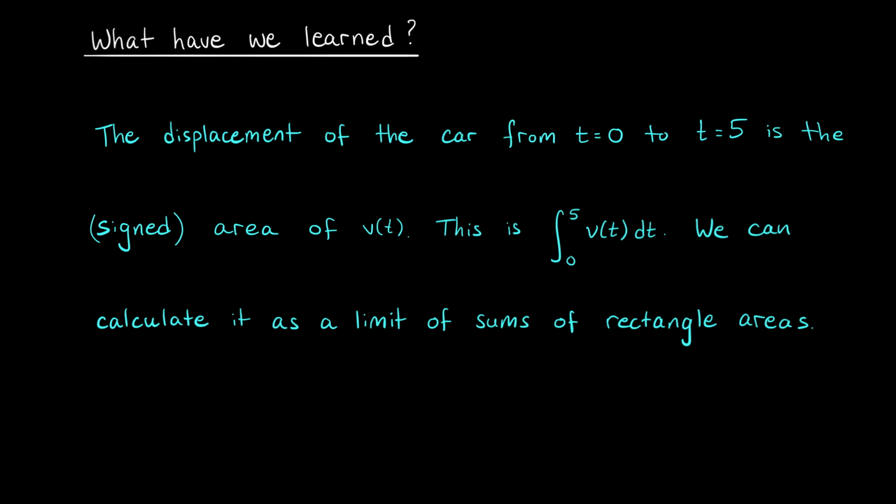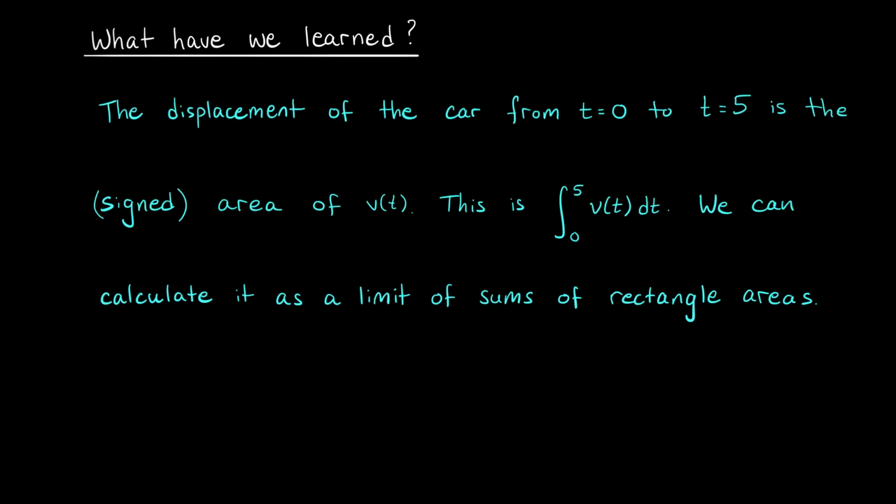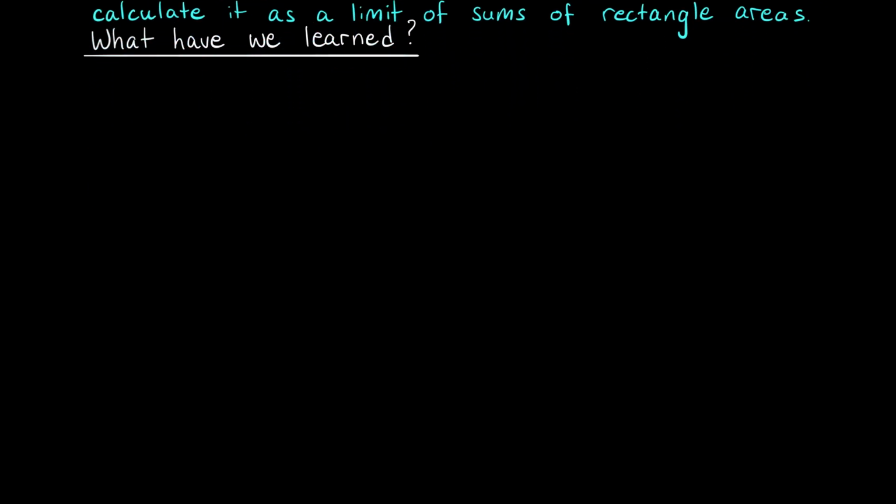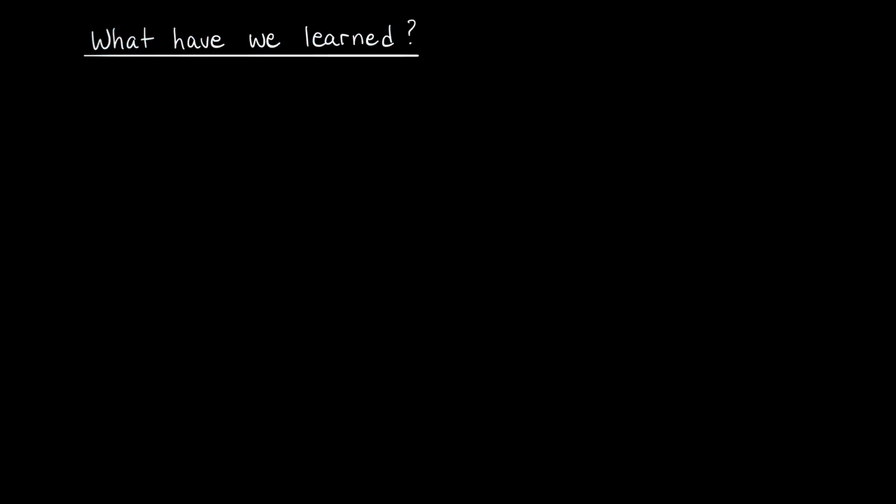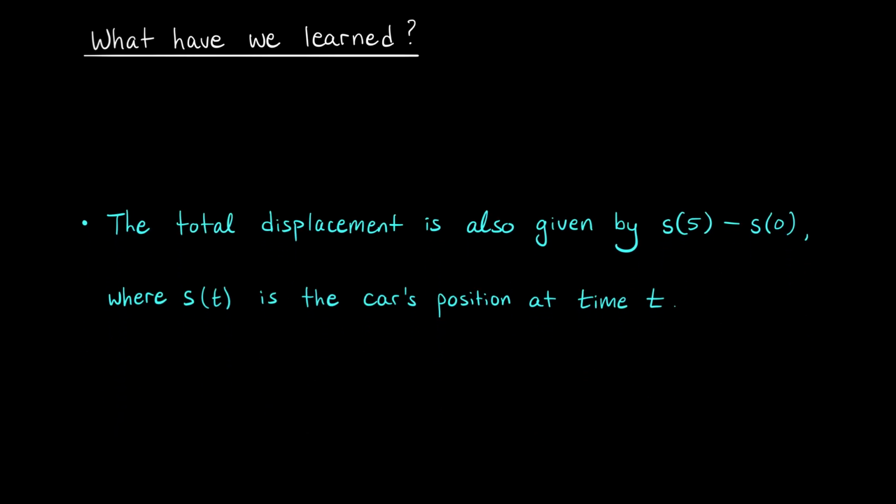Of course, there is another, much easier way that we could have done this calculation, at least in theory, if we happen to know the car's position function, which I'll call s of t. We could simply calculate the car's displacement as s of 5, the car's ending position, minus s of 0, the car's starting position. Do you agree? The change in position would also be equal to the displacement.